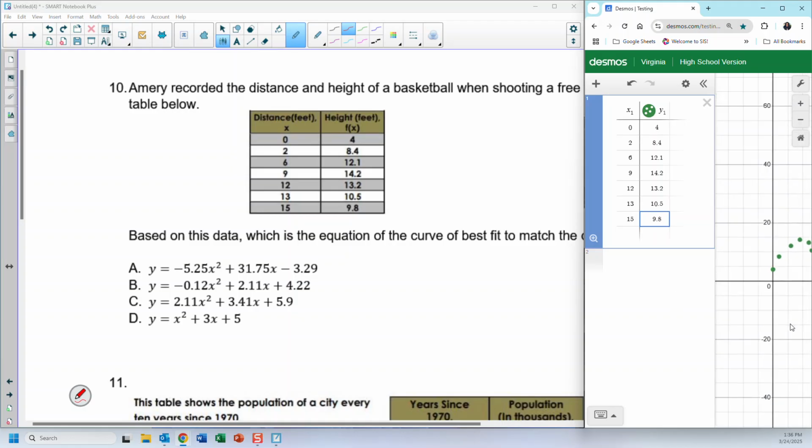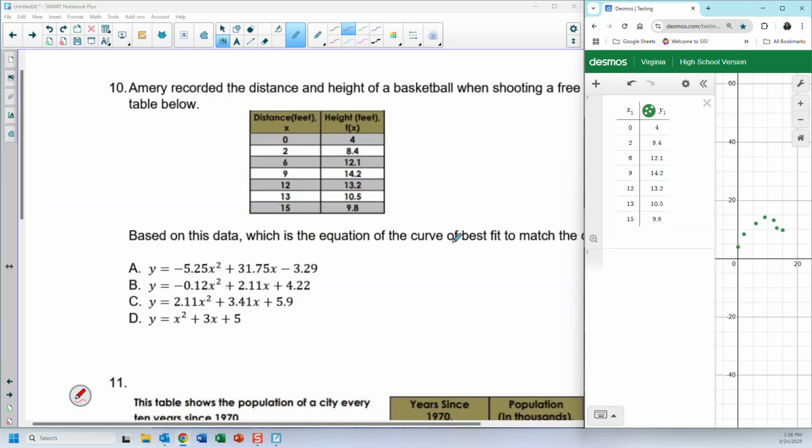Okay, so there are my numbers. It does a weird shape, but still it has a good quadratic form in it. And then we have to make sure to type the regression, which is y1 regressed against ax1 squared plus bx1 plus c.